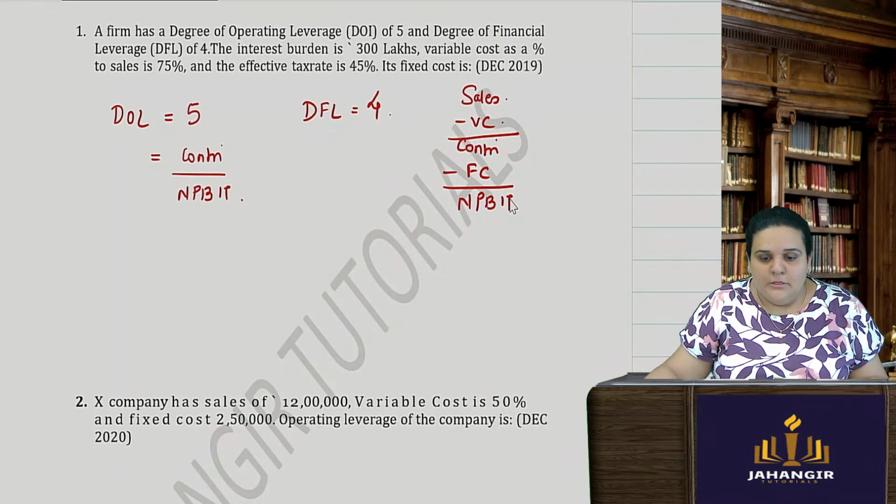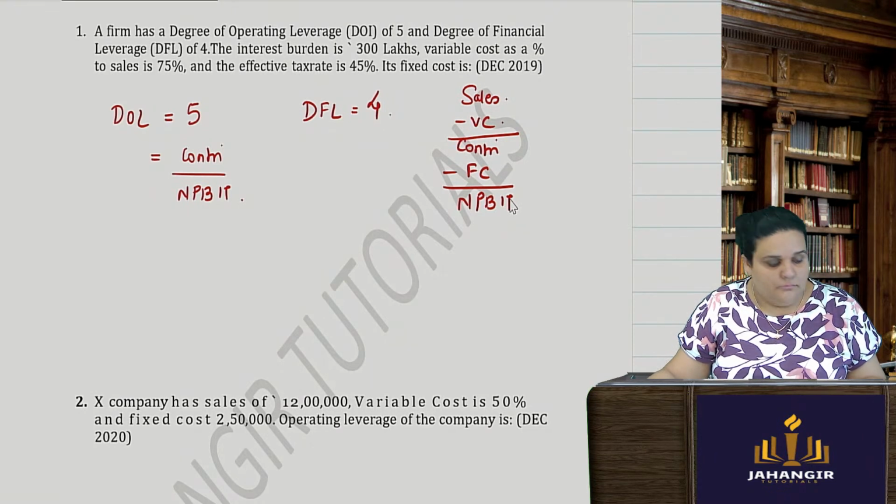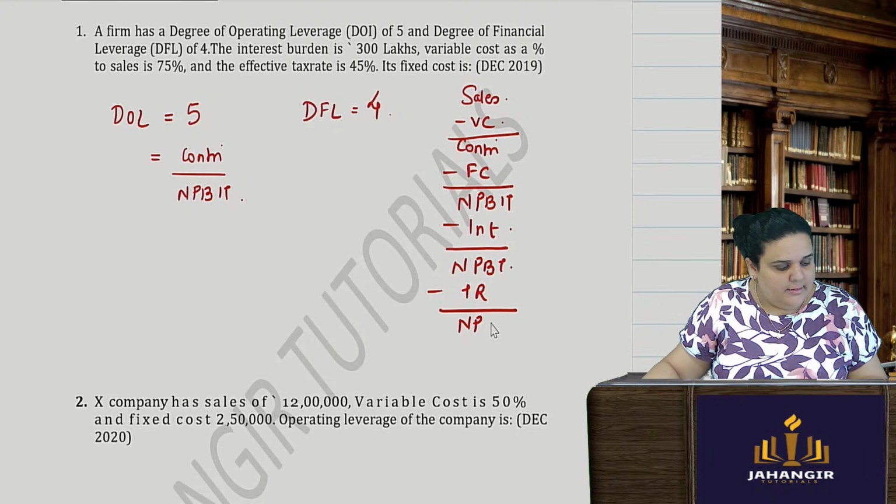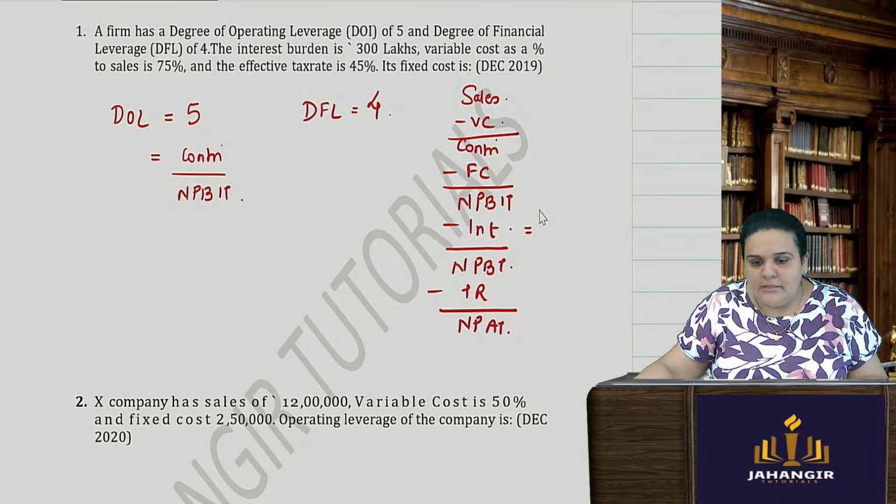Then I have my interest factor, NPBT, then I have my tax rate. So NPAT. They have an interest burden here. I know it is 300 lakhs, so I'm just writing interest over here is 300.